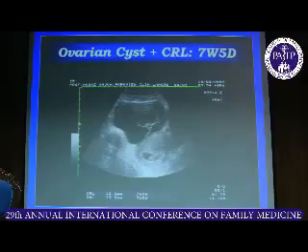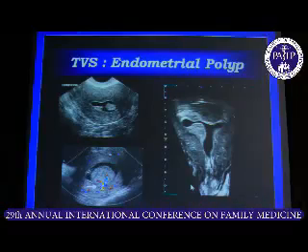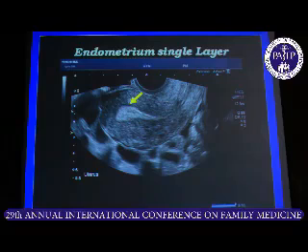Before we start the early pregnancy, there are some problems which may happen and prevent pregnancy. This is an endometrial polyp, and it shows blood supply on hysterosonogram. And this is a single layer endometrium.